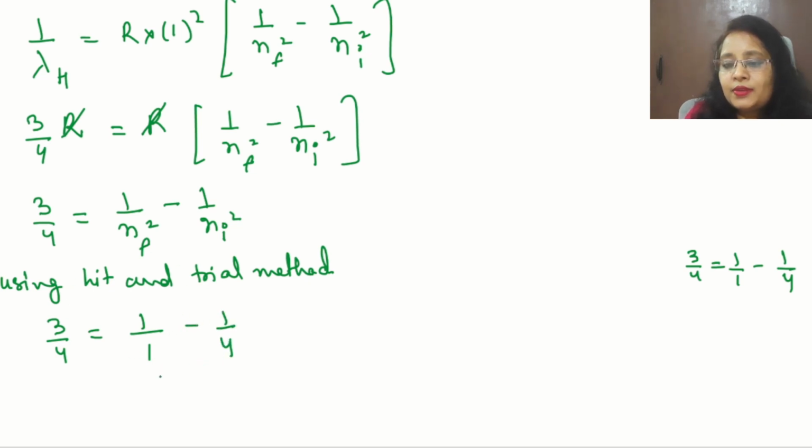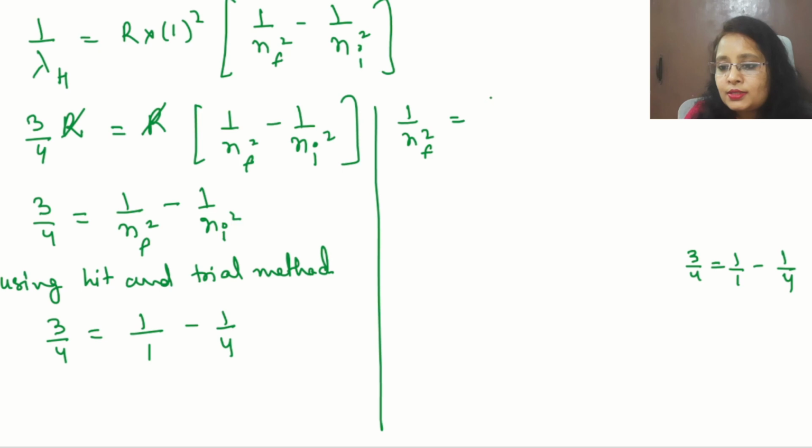So from these values, we can get some idea. It means 1 upon n f square is 1 upon 1, or 1, and 1 upon n initial square is equal to 1 upon 4.